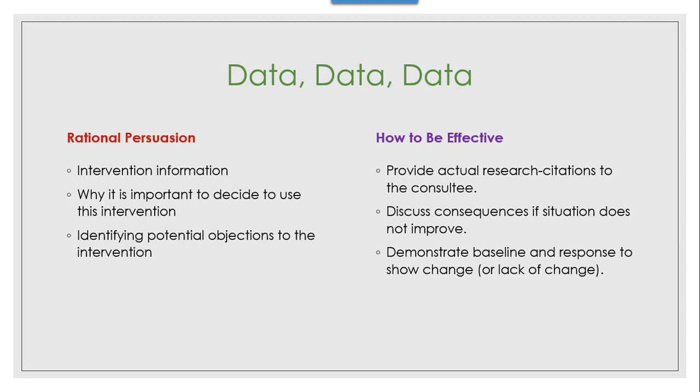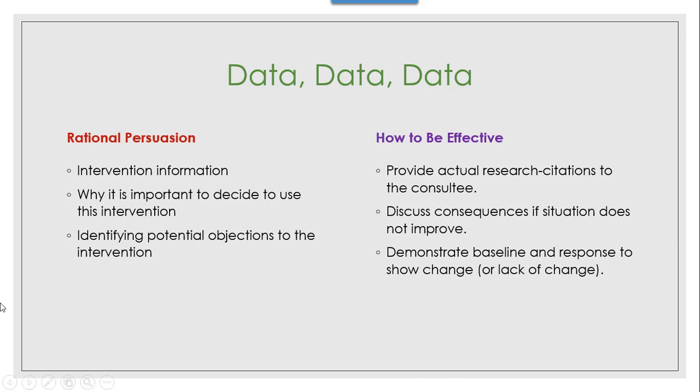So some of the assessment data we're going to be looking at, and we're going to talk more about later, is what you need in order to find an effective intervention. But how can you be effective? Well, actually provide research citations. Instead of you just saying, this is something I think you should do, that's a boss talking.